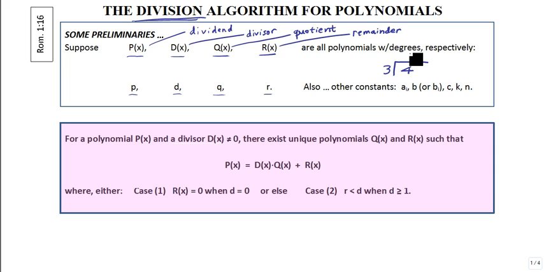We would say 3 divides 4 one time, such that you would have this, and then we would have a remainder of 1. So here, the 3 is your divisor. This is your dividend.